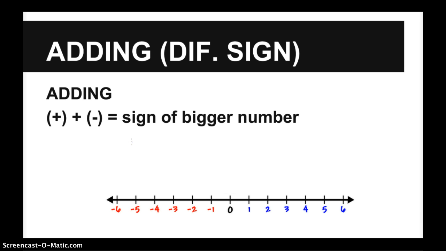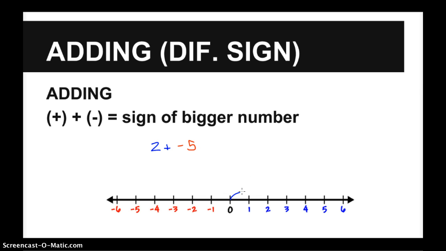Now let's say we're looking at different signs. Let's say we have a positive plus a negative. It's going to take the sign of the bigger number. So let's take an example of positive 2 plus a negative 5. Let's see how that's going to look on our number line.